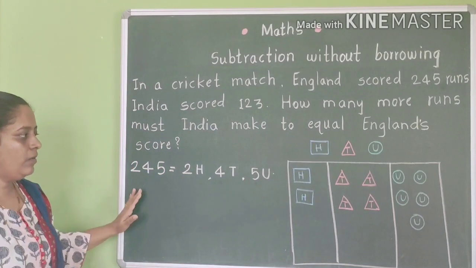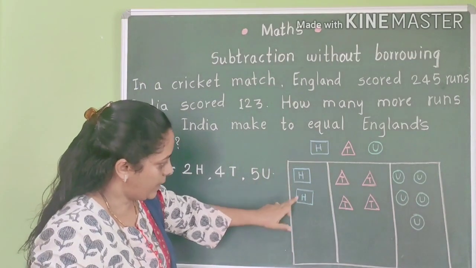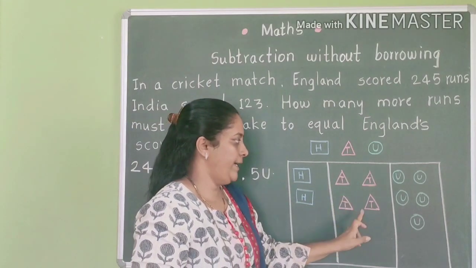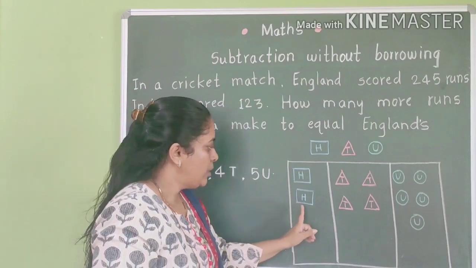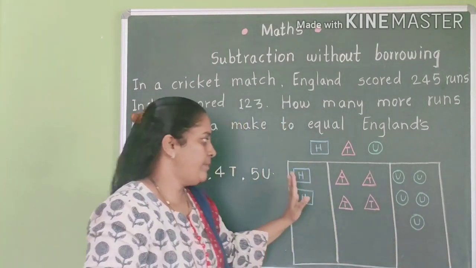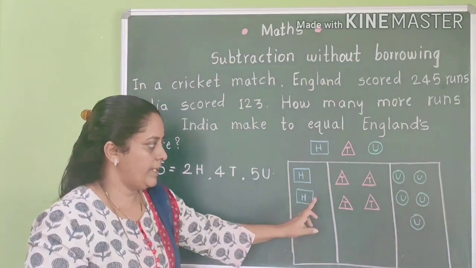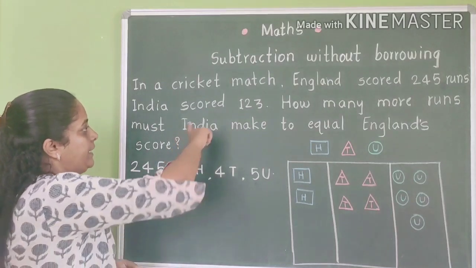This picture we have got from 245. Look, there are 2 hundreds, 4 tens and 5 units, and this picture represents the number 245. Now let's see India's score.